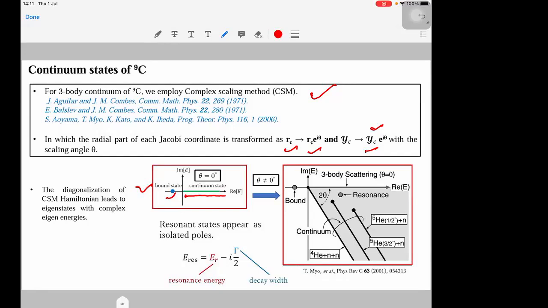Basically, in the complex scaling method, a resonance is identified as an eigenstate on the complex energy plane isolated from the non-resonant continuum states. So this line shows the non-resonant continuum. Similarly, when we are describing a three-body system, the three-body resonance is separated out from the non-resonant continuum.